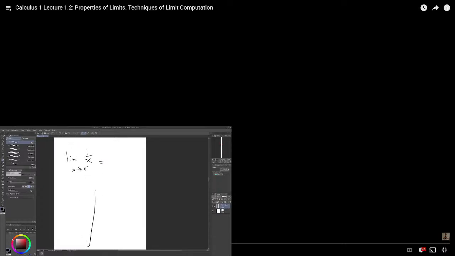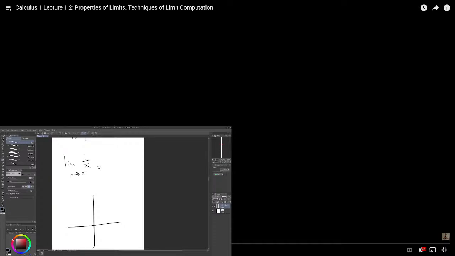So we got 0 as an asymptote. 1, 1, 2, 3, wait, hold on. 1, 1, 2 half, 3 third, negative 1.